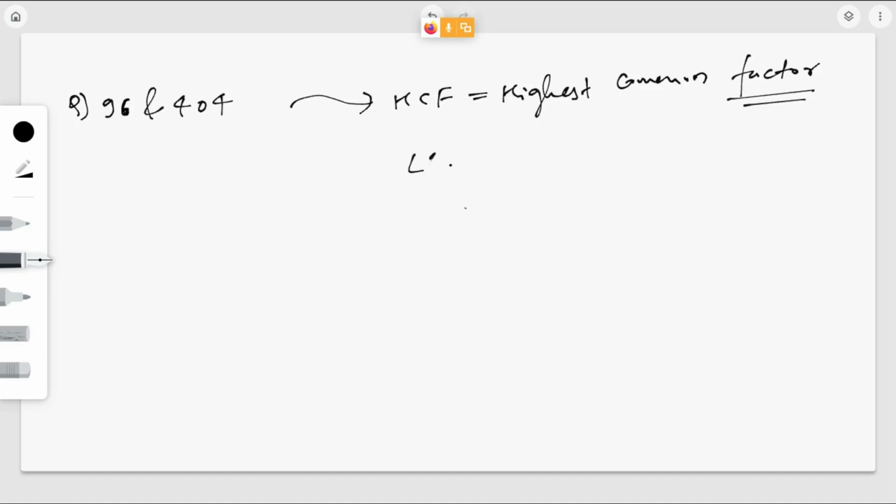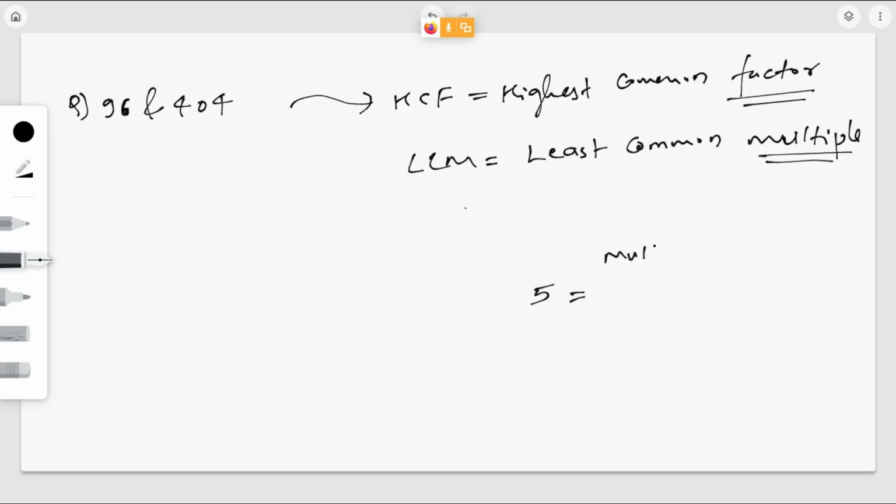What about LCM? Least common multiple. And what is the keyword here? Multiple. Okay, so highest common factor and then least common multiple. And you know what is a factor, right? So what about multiple? Multiple of a number. What are the multiples of 5?